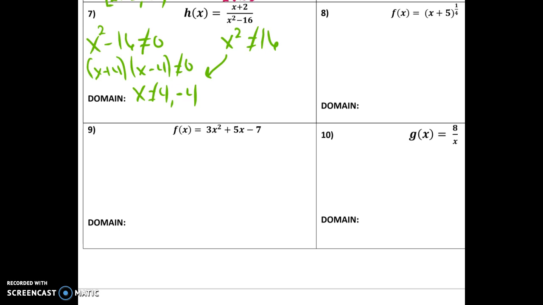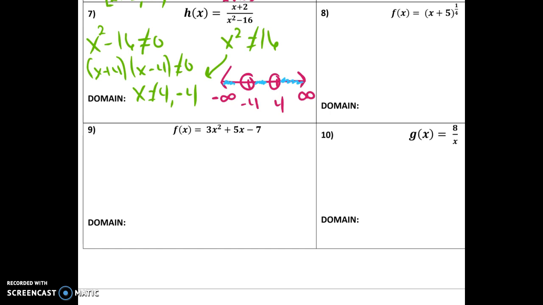So again, from there, I'm not going to write my domain like that. I'm going to put it with infinities and commas. So from -infinity to infinity, -4 and 4 would fall in here. And I don't want those. So this time I would put open circles, but I will take everything to the left of -4, in between -4 and 4, and more than 4.